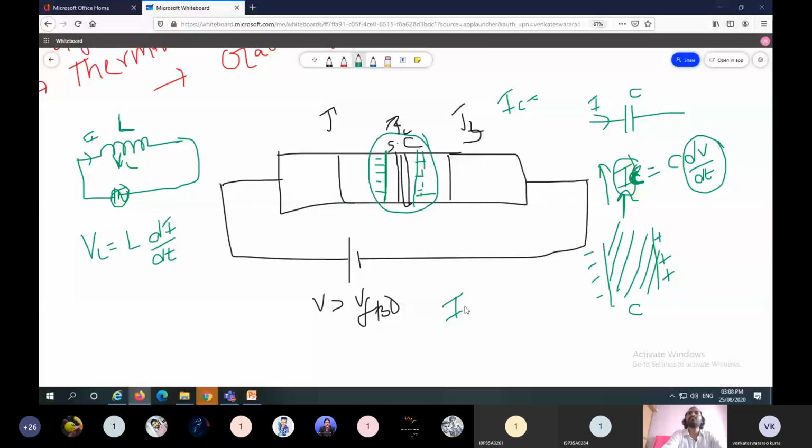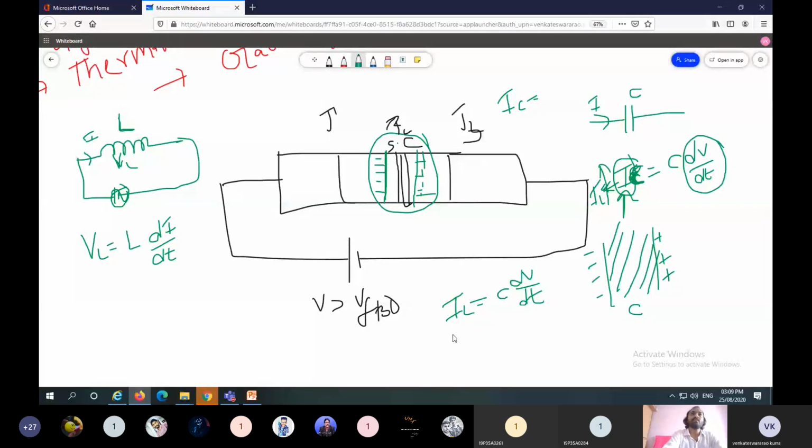So if IC is equal to IL, then only the device gets turned on. If capacitor current is equal to IL, the latching current, then it will be turned on. So IL equals C into dV by dt.